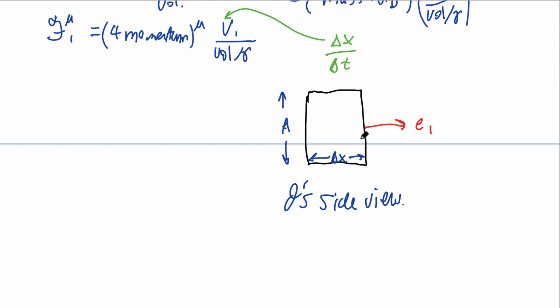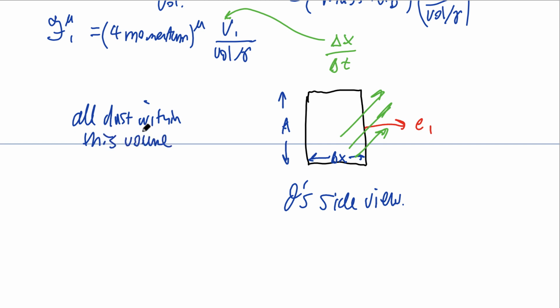All right, so during time delta t, all of the dust that's in this region passes across this surface. So here's the dust. So all the dust within this volume crosses the surface in time delta t.